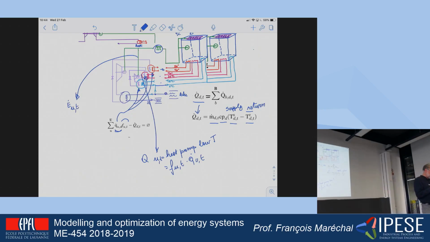Okay, so it means if I know the ratio between the Q ut and the E ut, and this is something that we name the coefficient of performance of the unit U at time T, then I will calculate E as being equal to Q times the COP of UT.